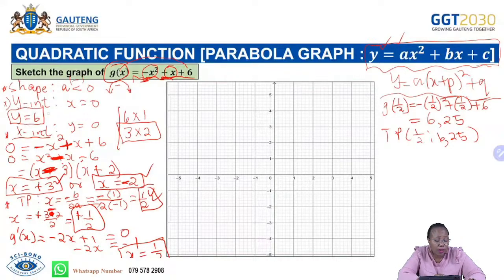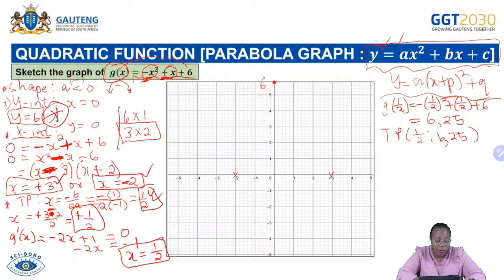Now we look at the y-intercept. We said y will be positive 6, grade 12. On the y-intercept, the graph is cutting at 6 here. Then the x-intercepts are at 3 and minus 2.